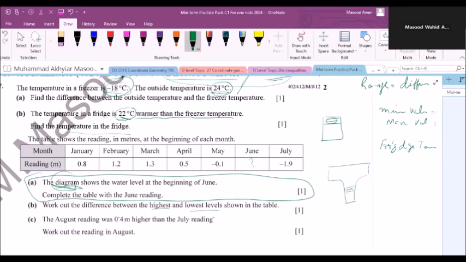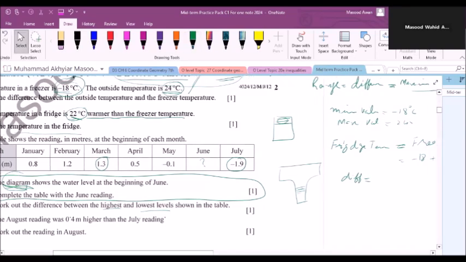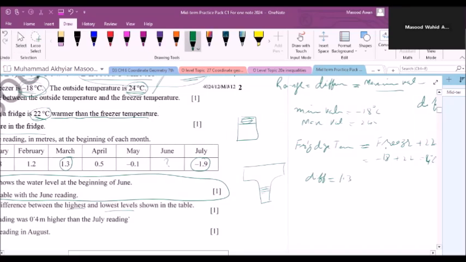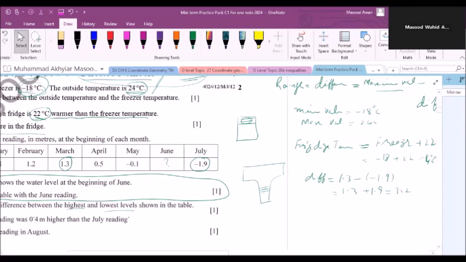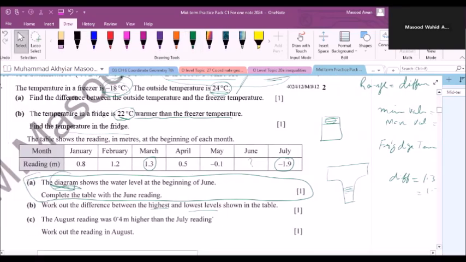In the available values, the highest value is 1.3 and the lowest value is minus 1.9. So the difference is the same. Difference means the maximum value minus minimum value. Maximum value is 1.3 minus minus 1.9. It becomes 1.3 plus 1.9. That is 3.2 meters. Now we put the unit with it.